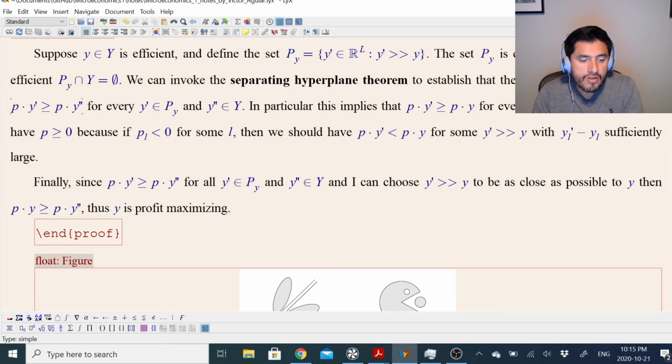such that if I multiply this vector times y prime, it is greater than or equal to, sorry, the vector of prices times, these are still not prices, by the way. This is just a vector because we haven't established they are non-negative. But now the inner product of y prime in this set P(y) is greater than or equal to the points in the production set.